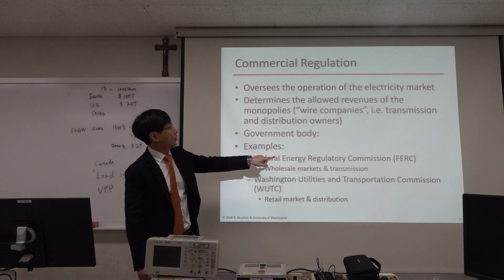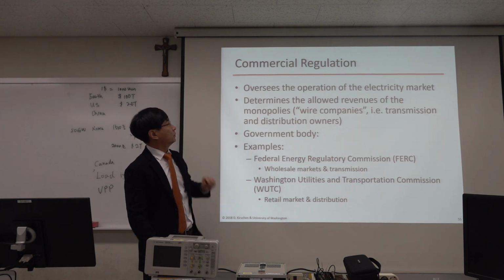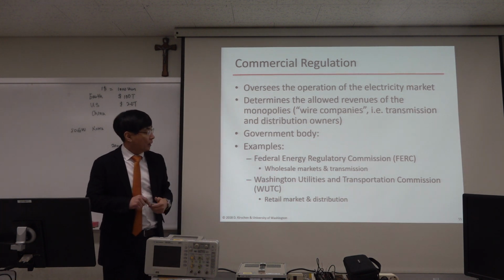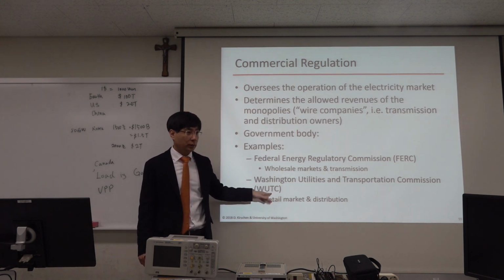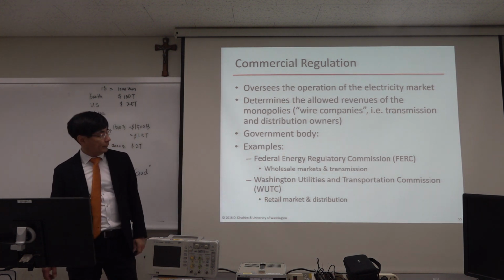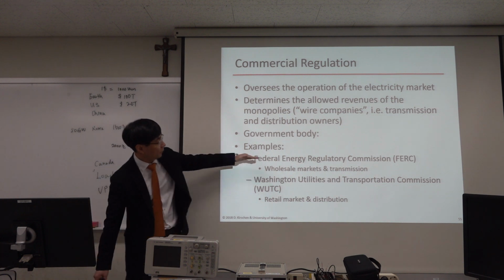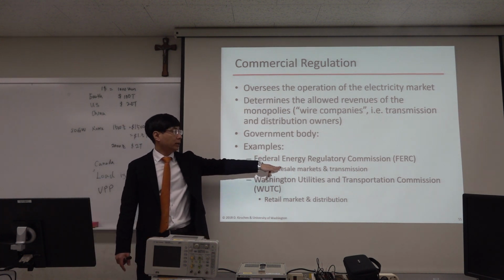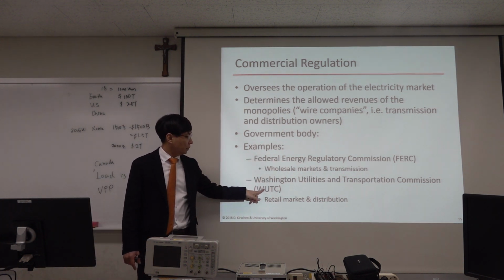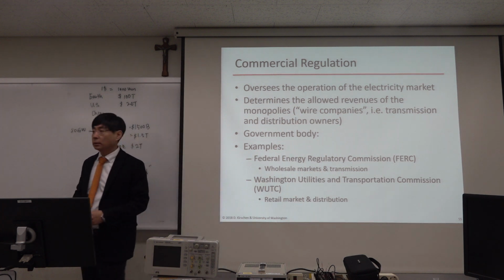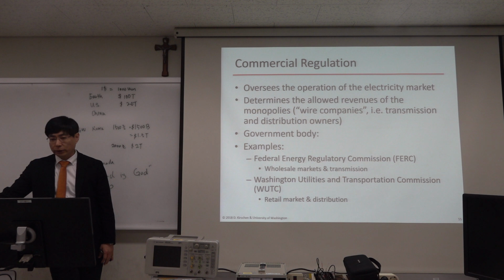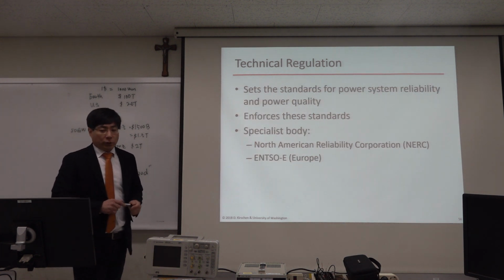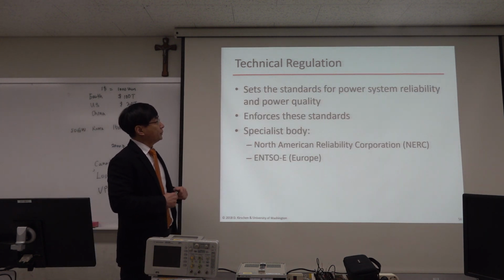This is a regulatory body responsible for commercial regulation. Okay? And WUTC, use this terminology. So FERC is about wholesale and transmission, and WUTC is about retail and distribution, about commercial regulation.